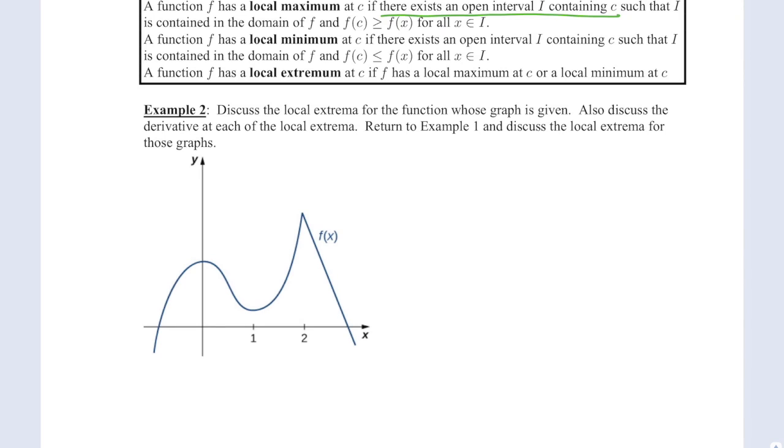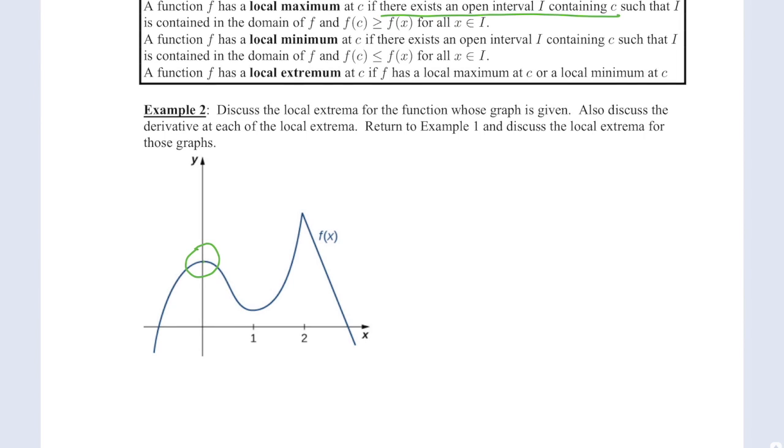So in example 2, we can see that if I just zoom in on this little area, I can see there's a local maximum there, because just in that circle, the point that's on the y-axis is higher than all the other points in that circle, right?